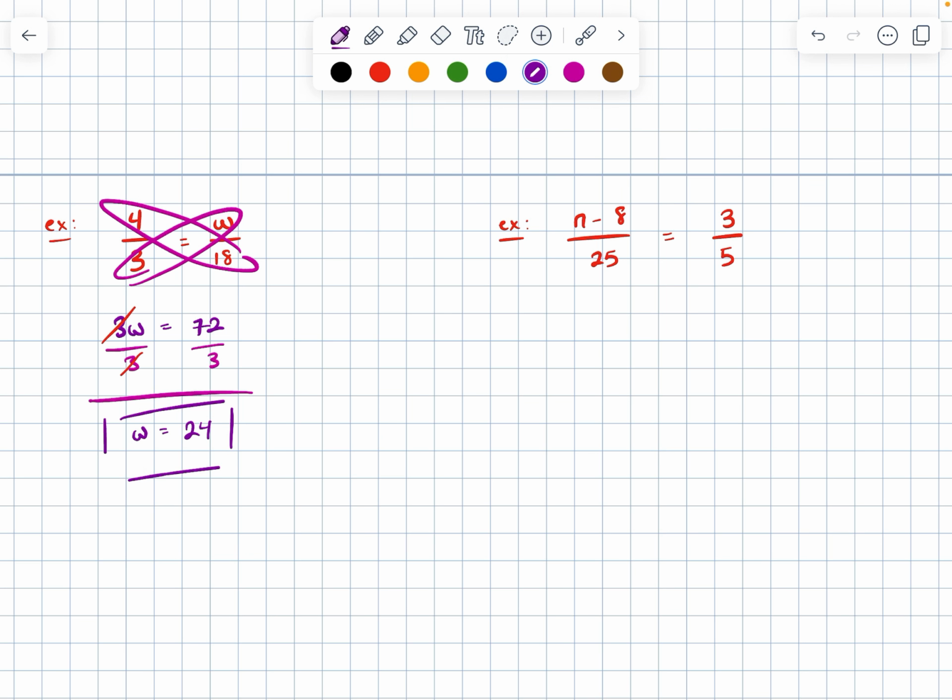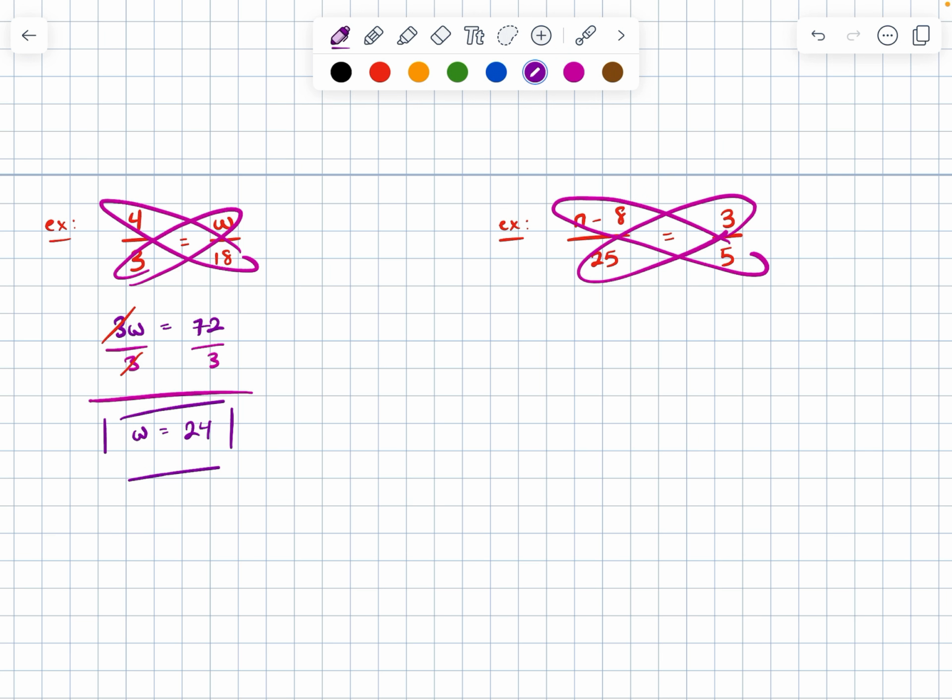And we can do the same thing with this n minus 8 over 25. It's slightly different. I mean, quickly, how is it different? Take 5 seconds. What do you notice? Well, I've got an n minus 8 as opposed to just a variable. So when I'm doing my cross multiplication, I might want to choose a way strategically to write that n minus 8 to make sure that all of it gets multiplied by the 5.